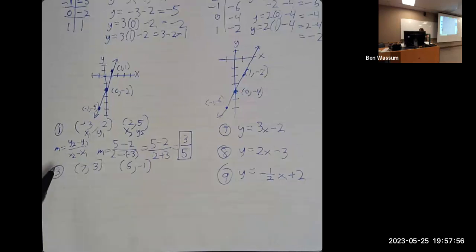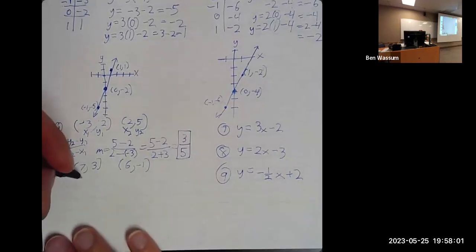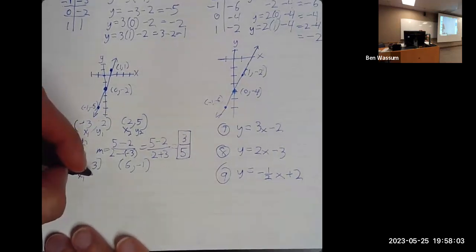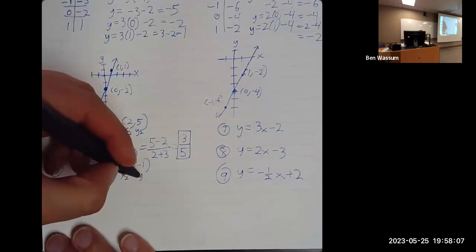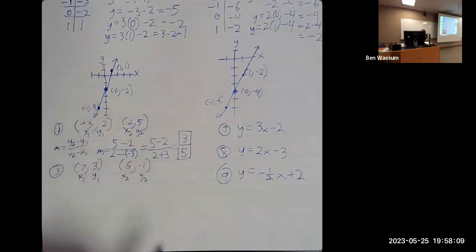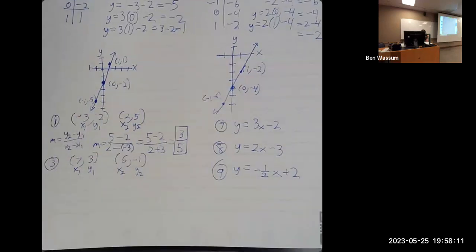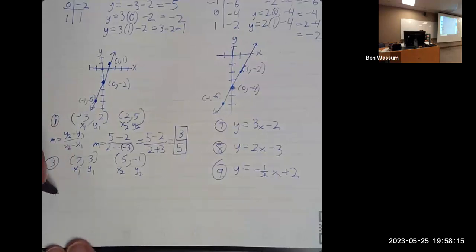Now, same idea with number 3. We just pick one point to be x1, y1, one point to be x2, y2. And we're going to do the same thing.